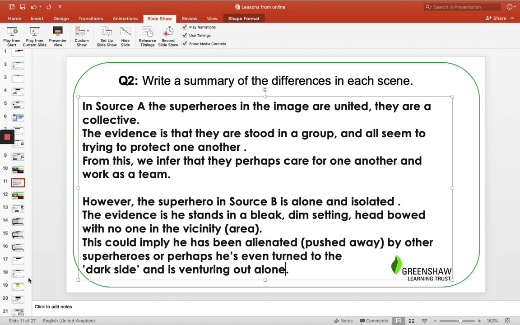Here's my inference. Maybe he's been alienated, pushed away by other superheroes, or perhaps he's even turned to the dark side and is venturing out alone.